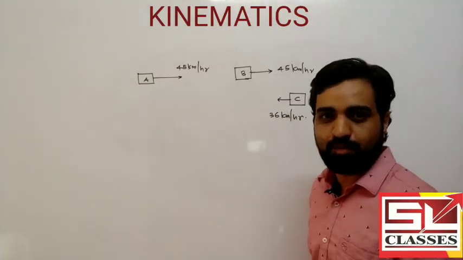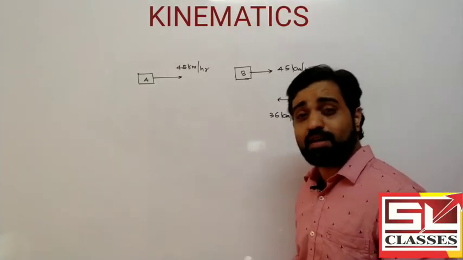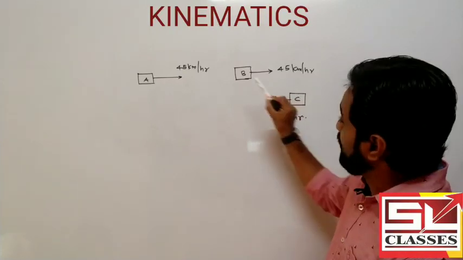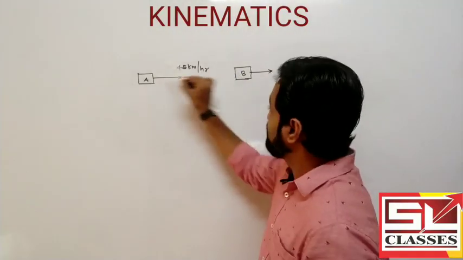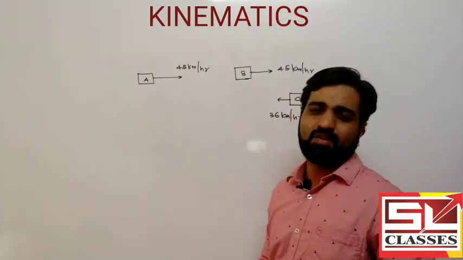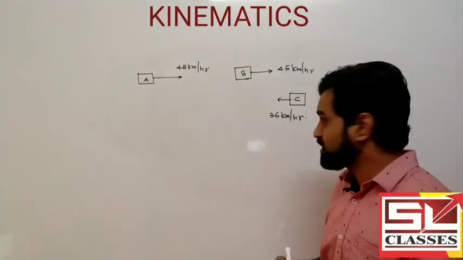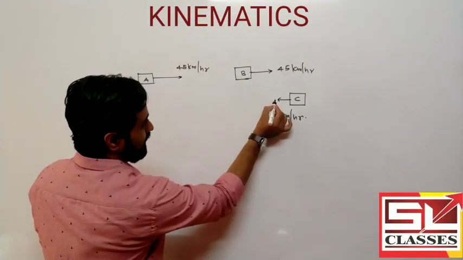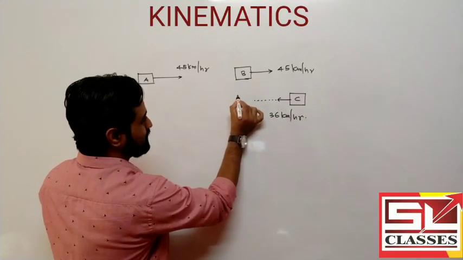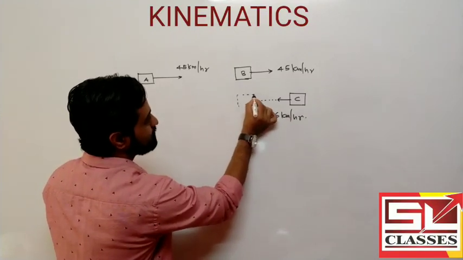These are the data given, and one more data is given, that this car C meets cars B and A in an interval of 5 minutes. What does it mean? See, this car C moves in this way. After some time it will reach here.